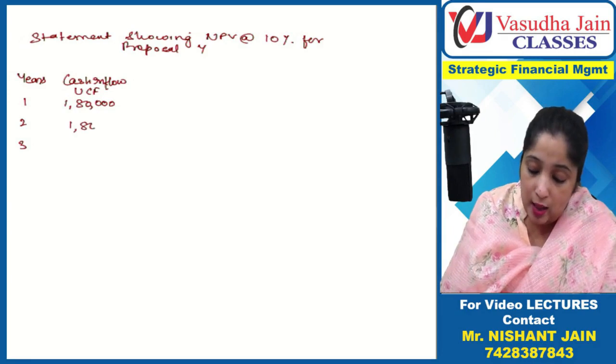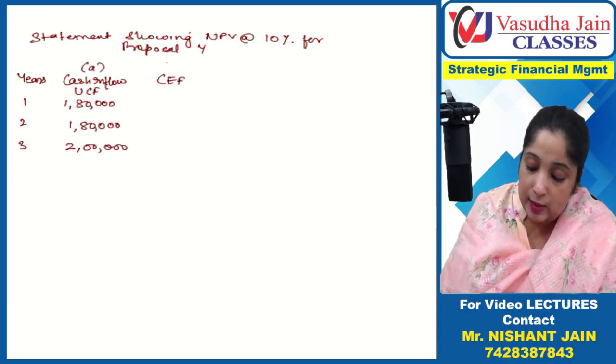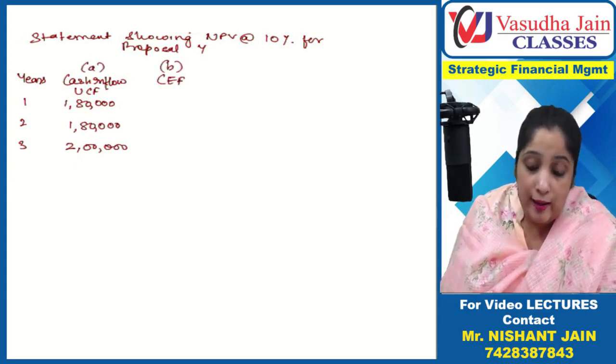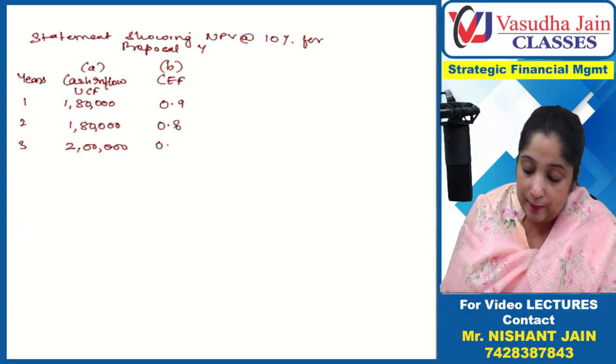Then the certainty equivalent factor, this is A, let's mark it B. Certainty equivalent factor given to us is 0.9, 0.8 and 0.7.